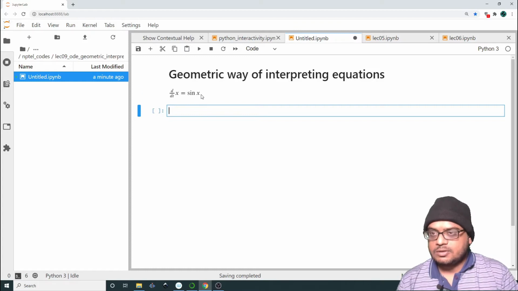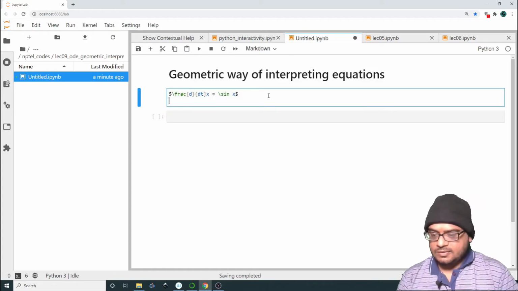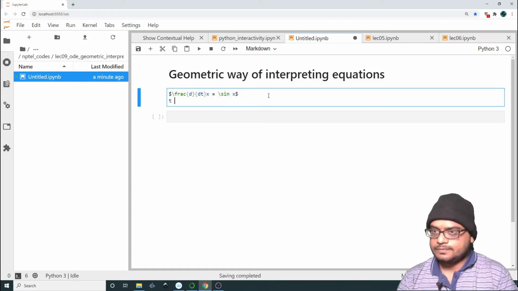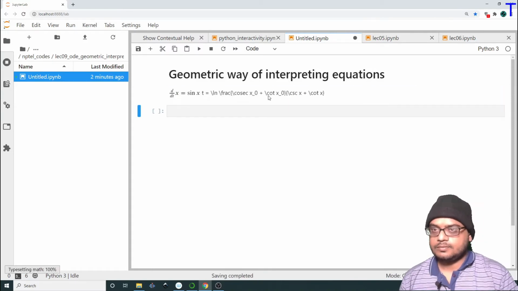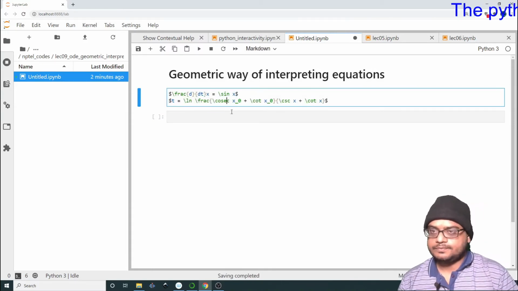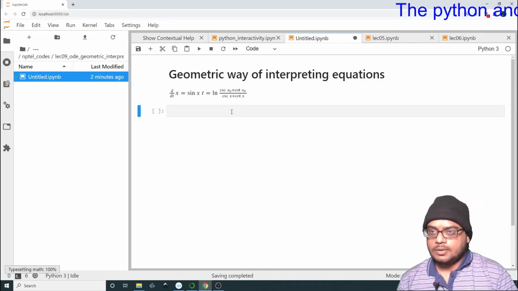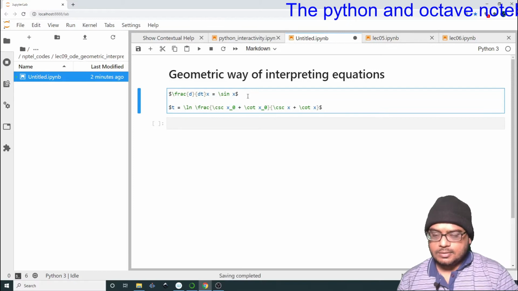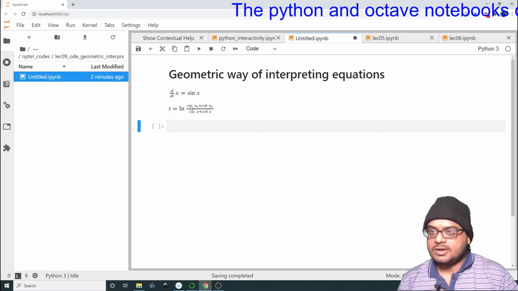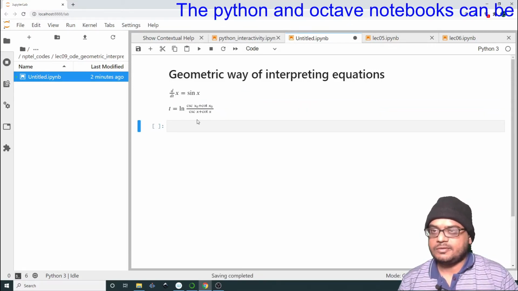In fact, the solution is given by the log of this entire thing, and obviously it has to be positive.